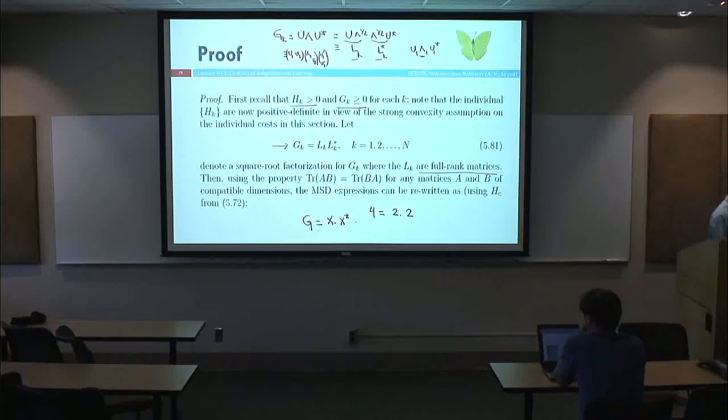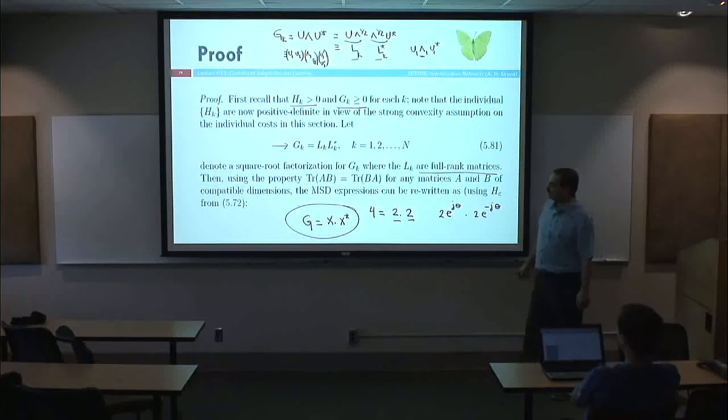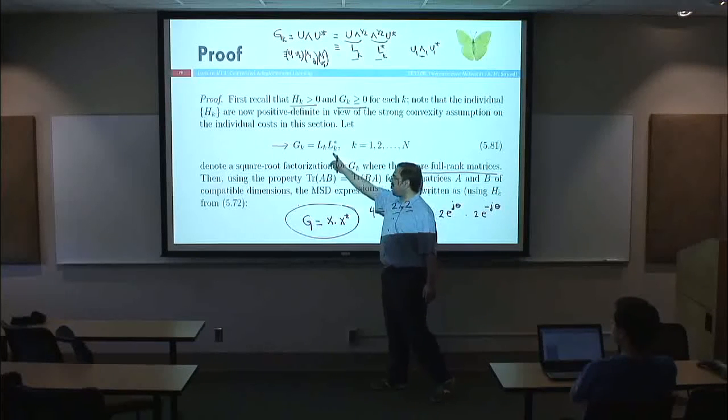Because technically, over the set of complex numbers, you can write this as 2e to the j theta times its conjugate. You can do that for positive numbers. So this is the extension for matrices. Very good. So now, every G I can write it like this.